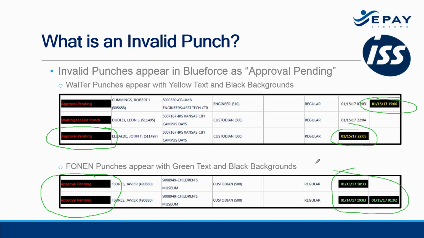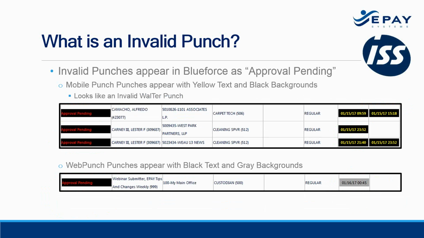If they are green text with a black background, they are from the Fonen system. So that's a quick way to identify your invalid punches. You have a few more examples here of those different ones. Web punches will appear in gray backgrounds.